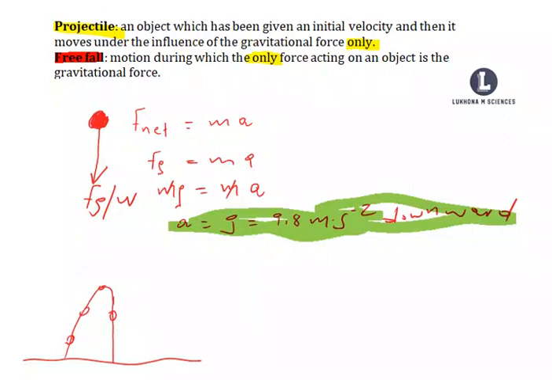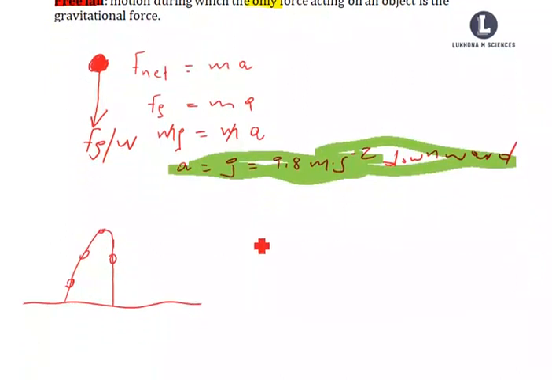Now this ball has the initial velocity. Let's just give it an initial velocity of 10, and this initial velocity is moving upwards.